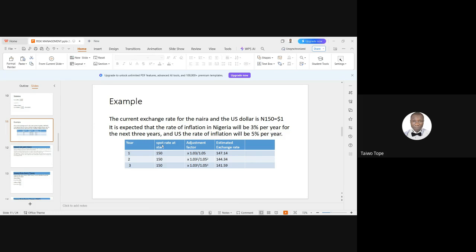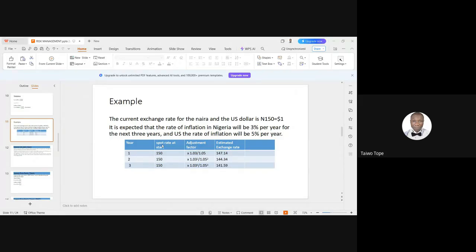Why? Because of the fear that exchange rates might fluctuate or increase. So you lock in the transaction at today's rate, so that irrespective of what happens in the next 2 months, it does not affect your contract because you've locked it based on today's rate.